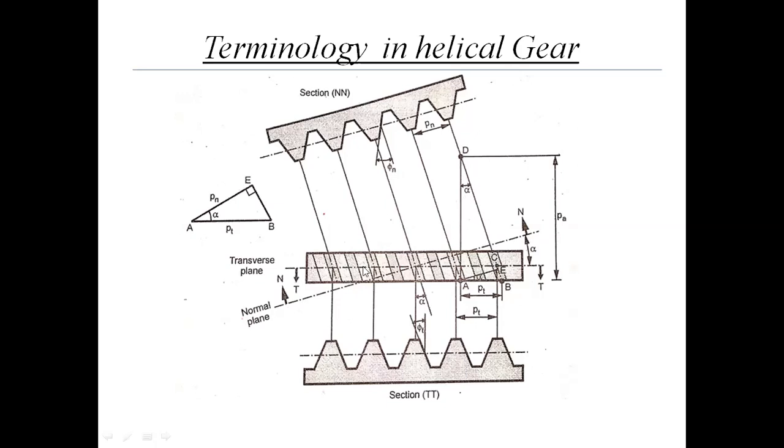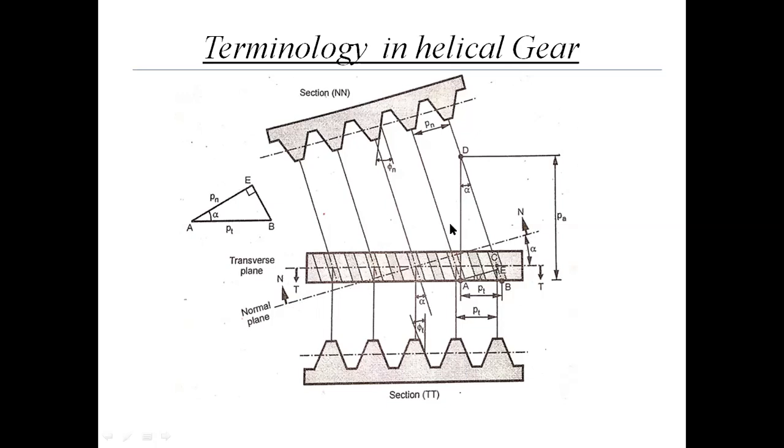So the plane TT, or line TT, is perpendicular to DA, which is the axis of rotation, and line DC is perpendicular to the normal plane NN. When these two lines make angle alpha, these two planes will also make angle alpha with each other. Clear?